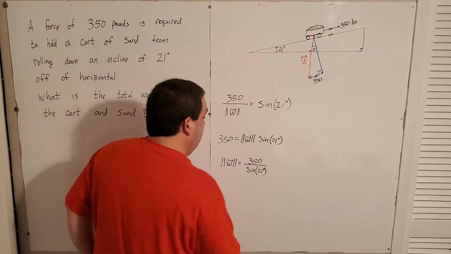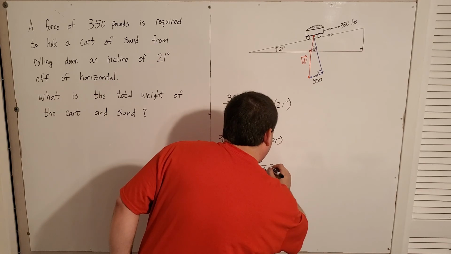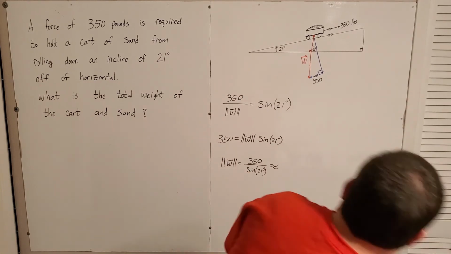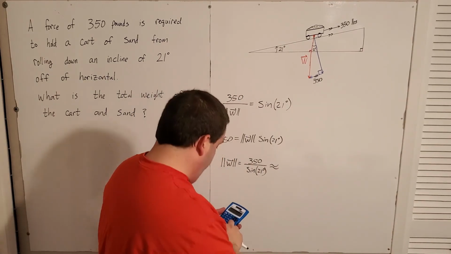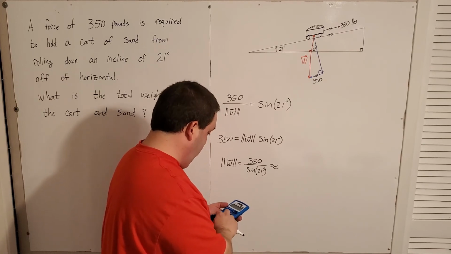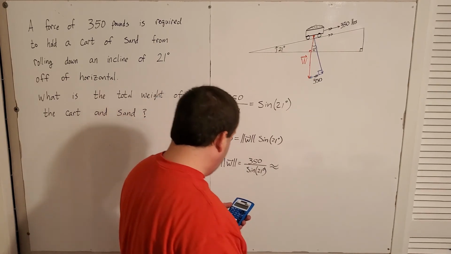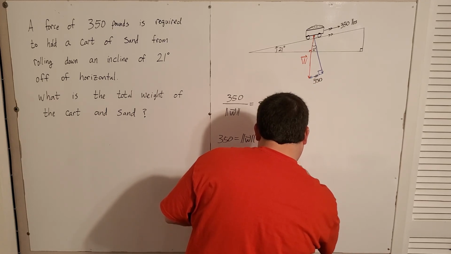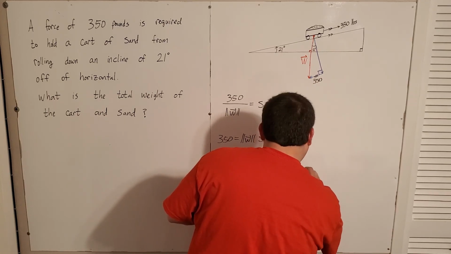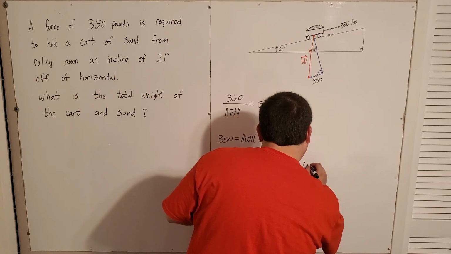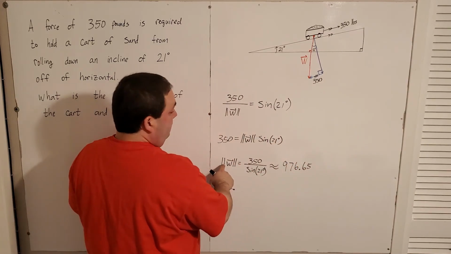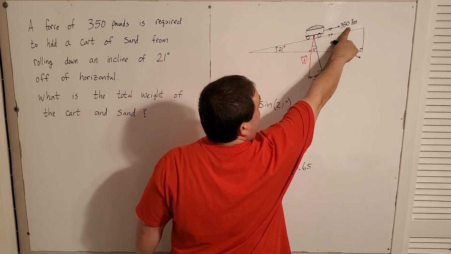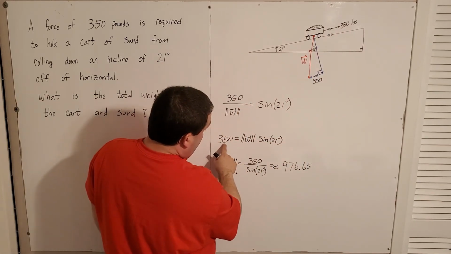Okay? So let's see if we can get a number tacked onto that. Let's see. 350 divided by sine 21 is equal to about 976.65. Now remember, we're talking about a force in pounds, and that's this 350.